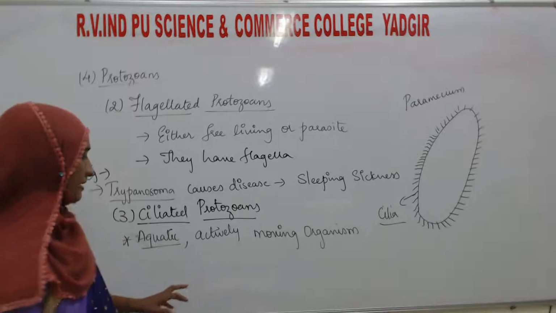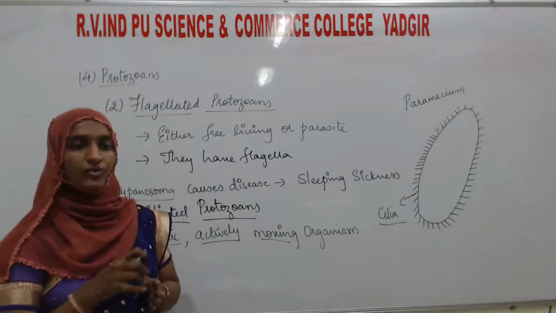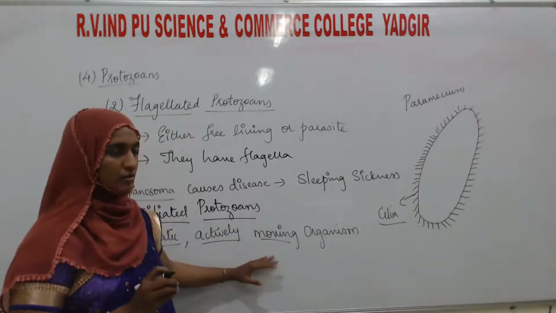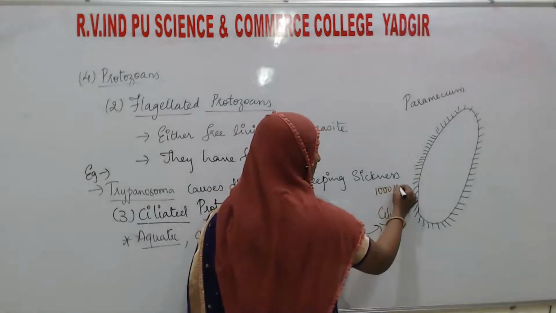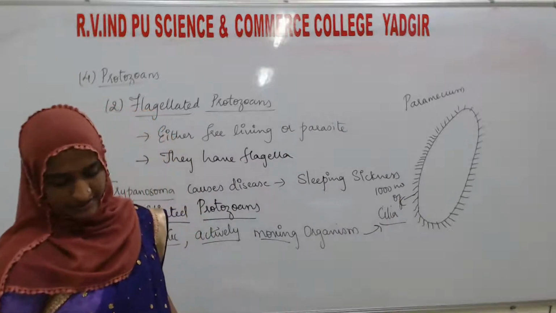Why are they actively moving? See, this cilia helps in the movement of the body. So why are they actively moving? Due to the presence of thousands of cilia on their body surface.